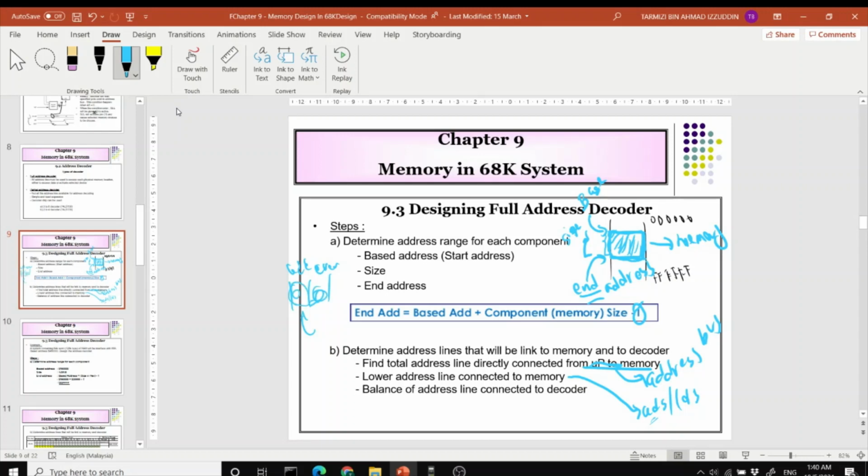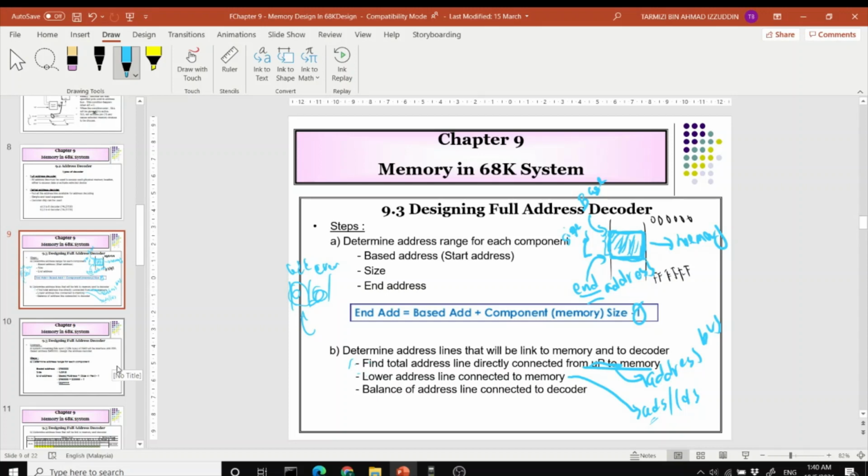And lastly, the balance of the address lines is connected to the decoder. So the balance from the total address lines and the lower address is the one that is going to be connected to the decoder.